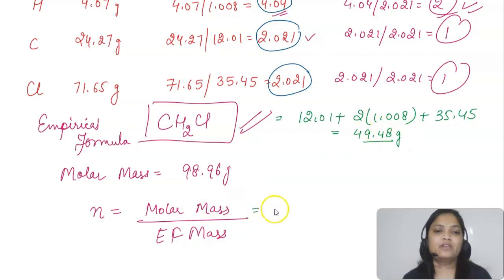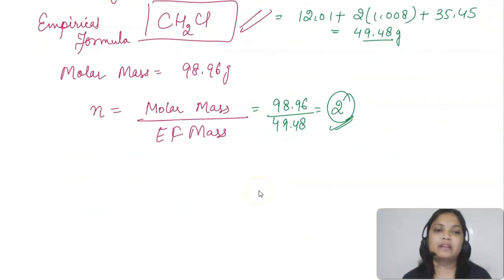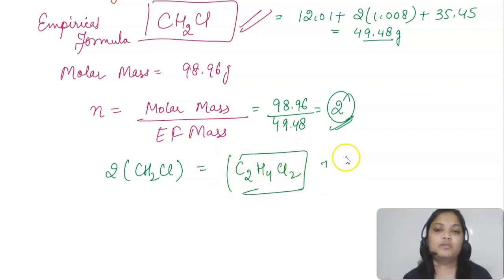Now I can find the value of n easily. 98.96 divided by 49.48 comes out to be exactly 2. So n is equal to 2. Now I will multiply the empirical formula by 2 to get the molecular formula. So C2H4Cl2 is the molecular formula of this compound.